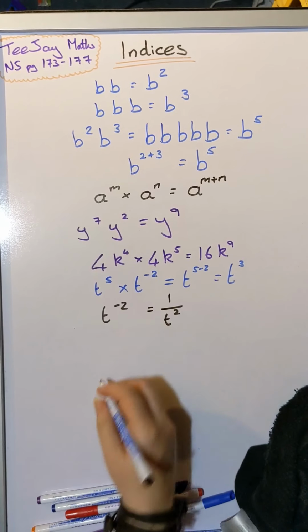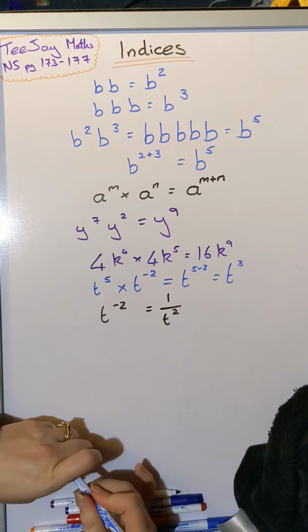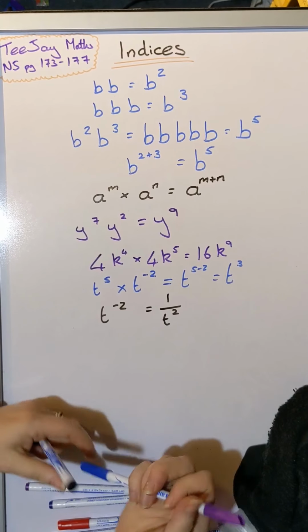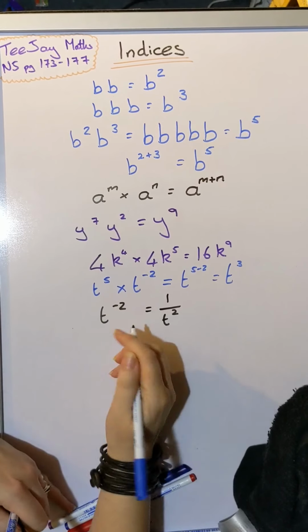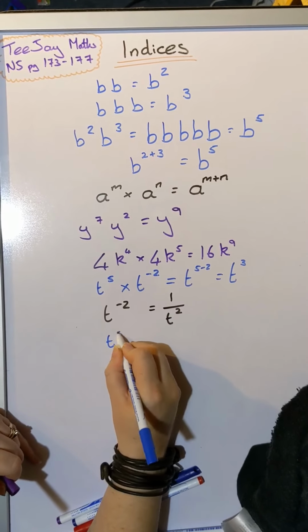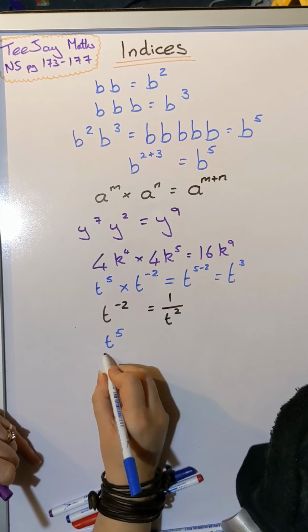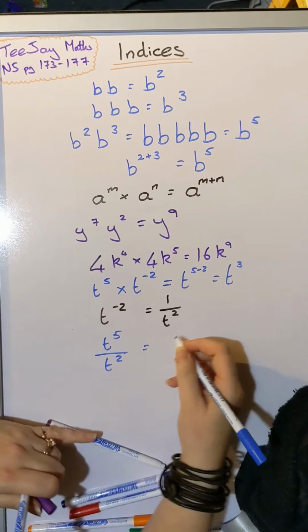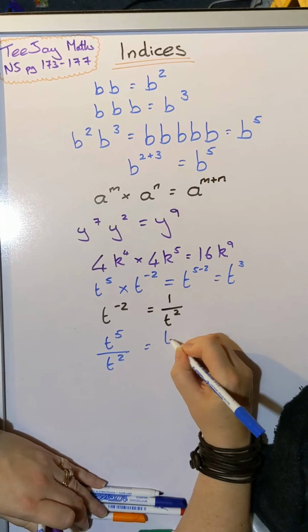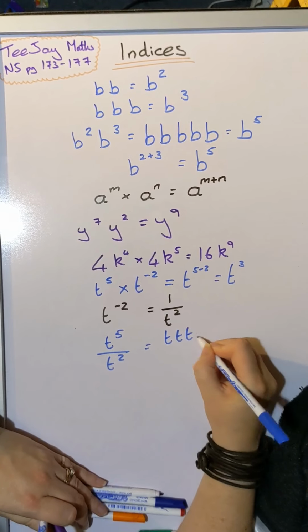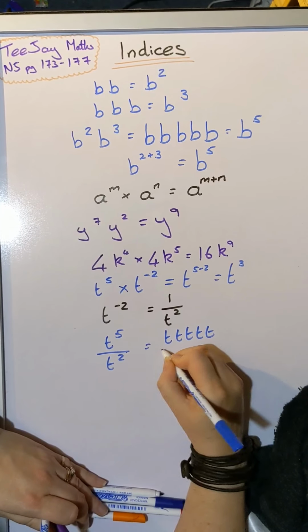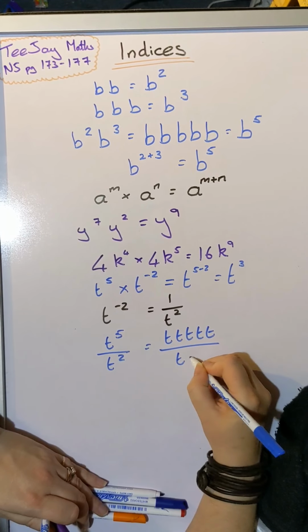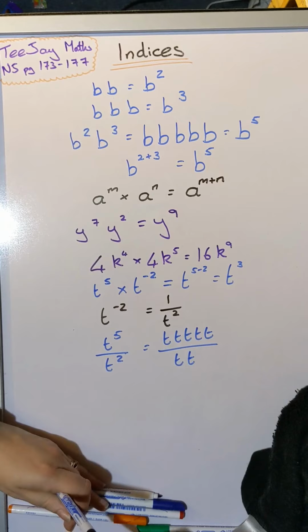So I'll just show you how that would work. If we have t to the 5 over t squared, what we've got there is t times itself 5 times divided by t twice.